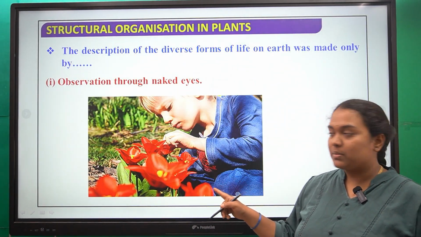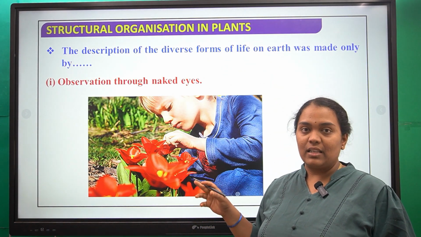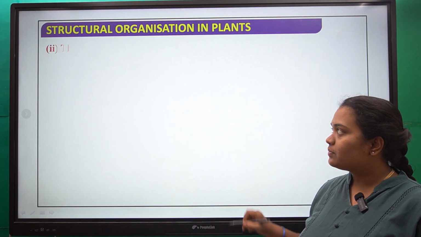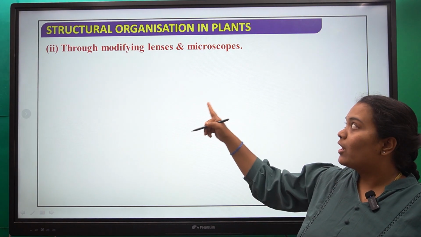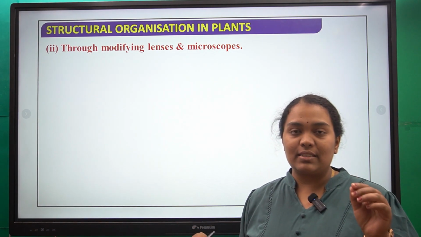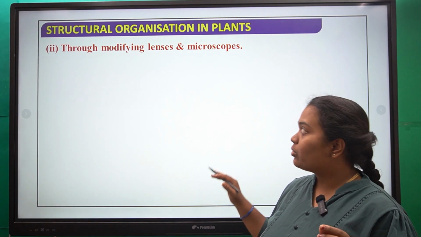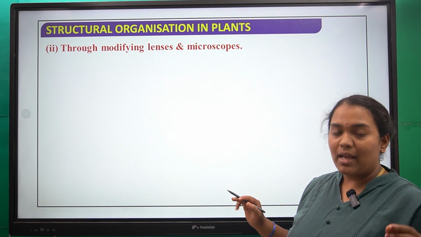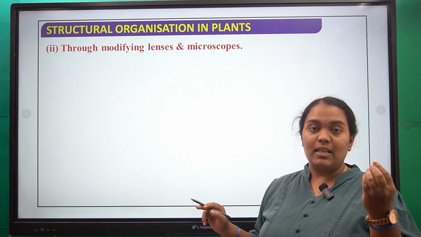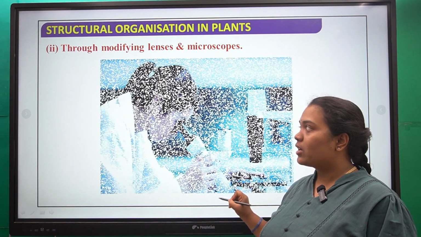So you are trying to observe, you are trying to know the features externally which can be seen directly, or through modified lenses and microscopes. You can also cut a section of this plant and put it under a microscope or magnifying lenses to observe the microscopic elements in these organisms.